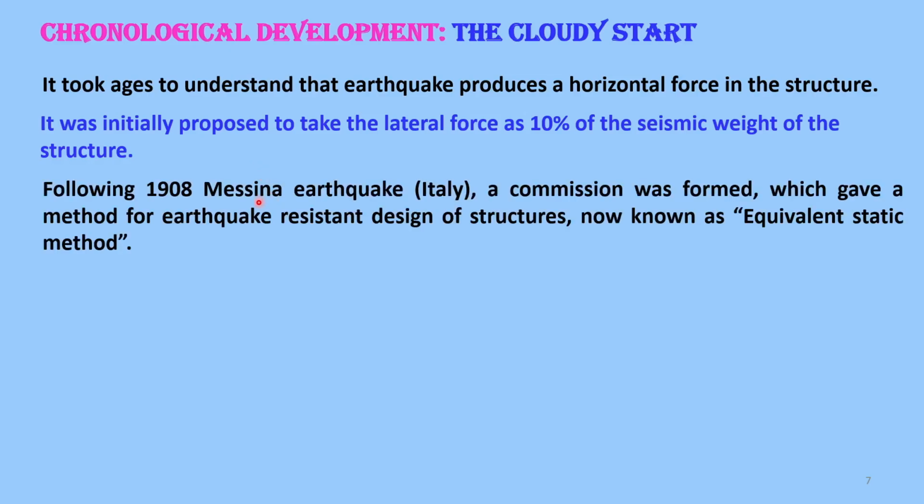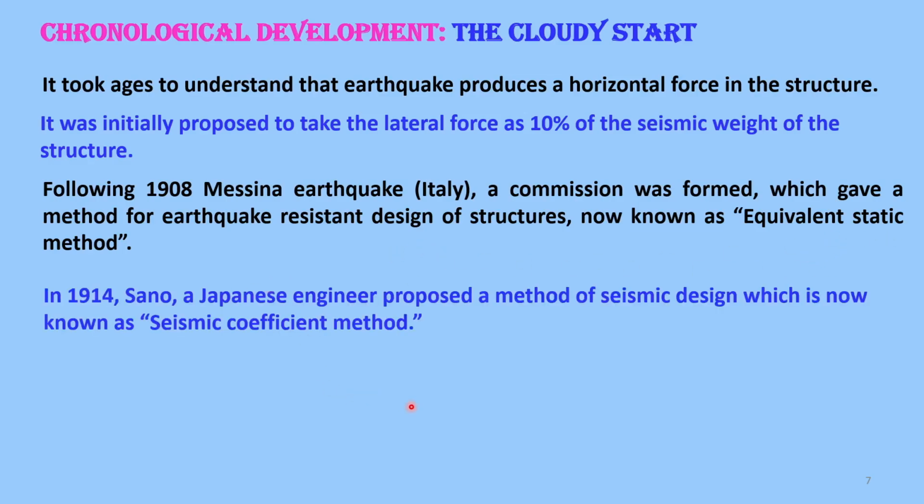In the 1908 Messina earthquake in Italy, a commission was formed which gave a method of earthquake resistant design known as the equivalent static method, which is there now in many codes. In 1914, a Japanese engineer named Sano proposed a method which is now known as the seismic coefficient method.